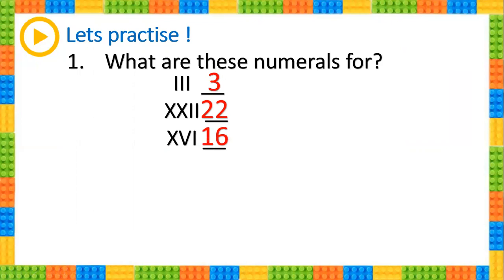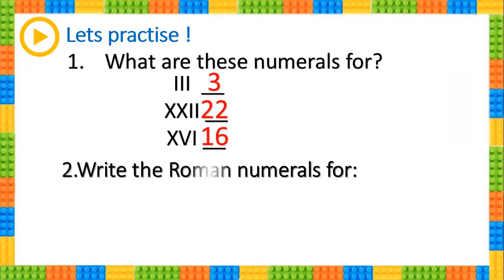Now let's go vice versa. Write the Roman numerals for the numbers. We are given the numbers, and we have to write them with Roman numerals. 8. How can we divide it into pieces? We can say it's 5 plus 3. 5 means V, and 3 I letters.